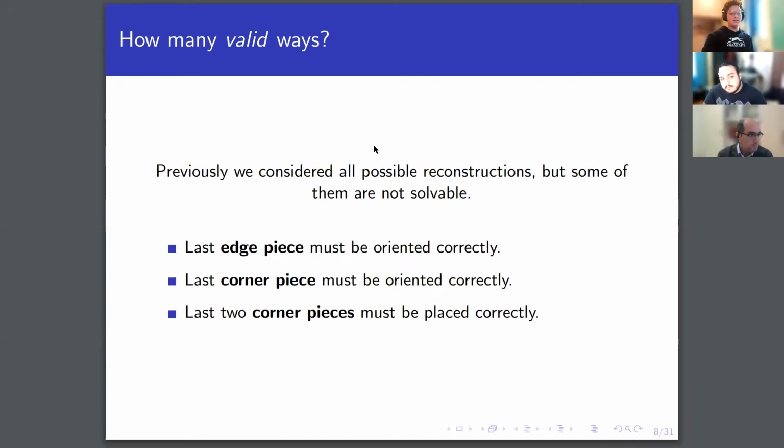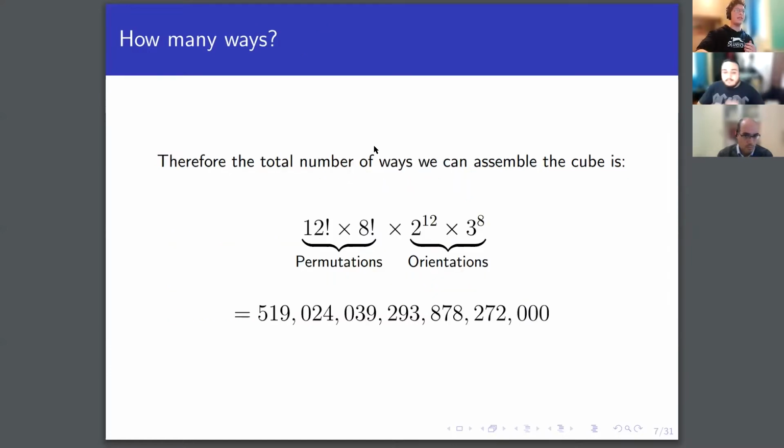However, this 519 quintillion includes certain cube configurations which are not valid. By not valid, I mean not solvable. So just taking apart and reconstructing a Rubik's cube might end up in something which we might not be able to solve, because we can't get there with the original moves.